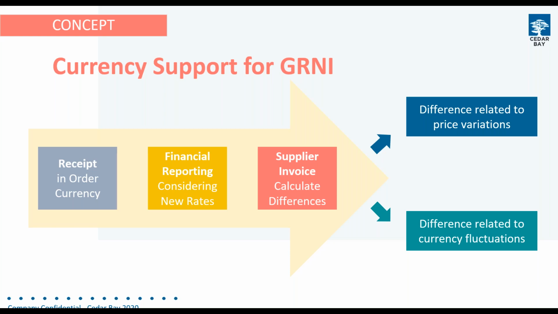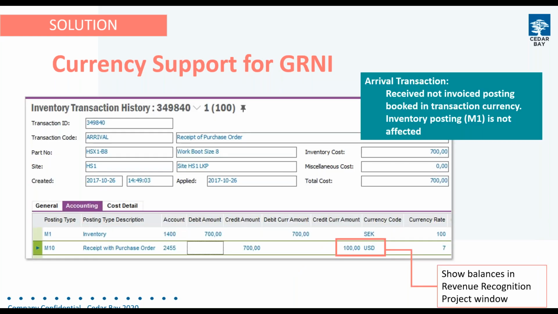So at that point of supplier invoices, that difference is calculated and it's registered in IFS. Now, when this is carried out in action, you'll be able to view your inventory transaction history and see the GRNI account information is now updated with the order currency that has been automatically adjusted. And you can see this over here with the debit entries and the credit entries.